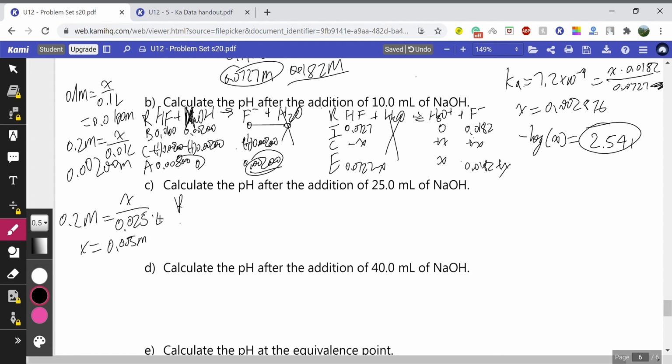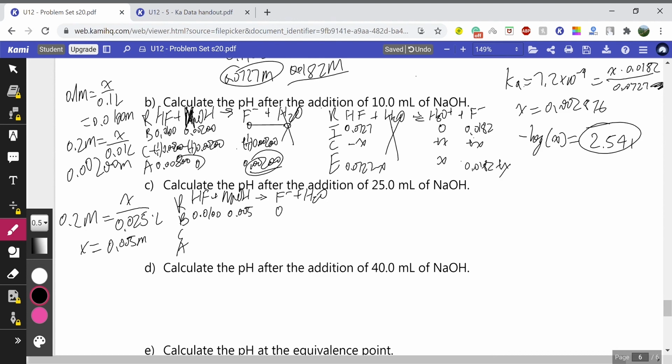Our HF remains the same. So it'll be HF plus NaOH. Again, the Na doesn't really do anything over here, so I don't need to worry about it. Plus H2O. This one stays the same because our original concentration of HF does not change. This is going to be 0.005 this time.